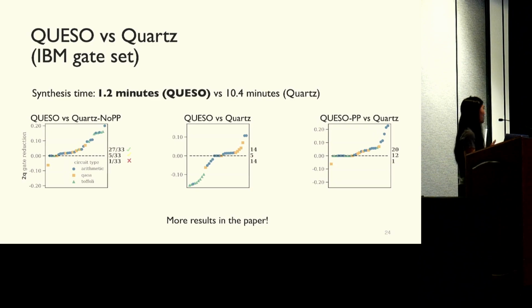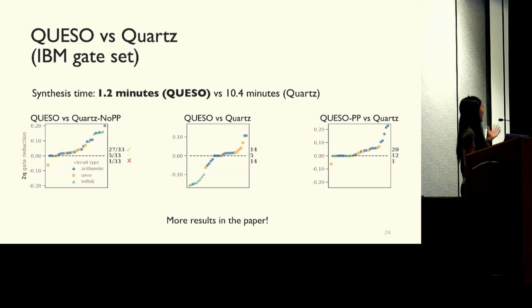So to compare just the synthesized rules head-to-head, we have the graph on the left here where we take away preprocessing from Quartz, and then the graph on the very right where we add preprocessing to QUESO, and we can see that we do very well. And then when we have both tools unmodified, we still outperform or match on the majority of the benchmarks.